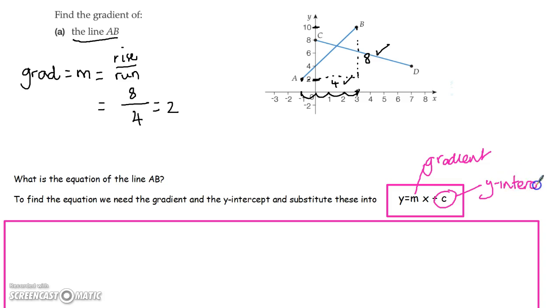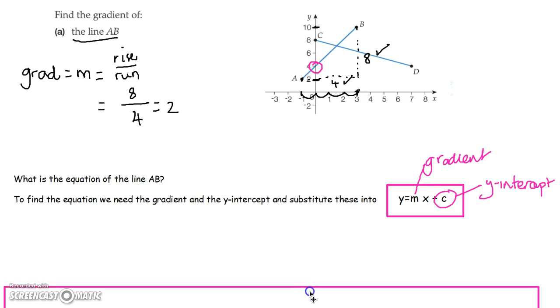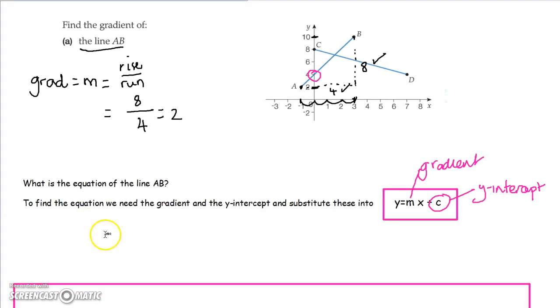It was just where the graph cut the y-axis, which in this case is here. So it's a really simple extension.